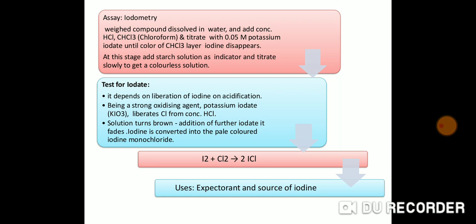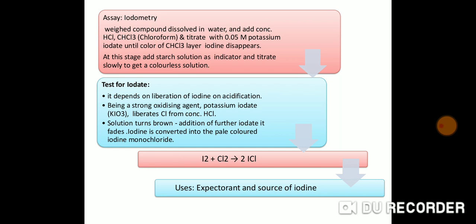The weighed compound is dissolved in water and concentrated HCl, and chloroform is added. Titrate with 0.05 molar potassium iodate until the color of iodine in the chloroform layer disappears. At this stage, add starch solution as an indicator and titrate slowly to get a colorless solution.